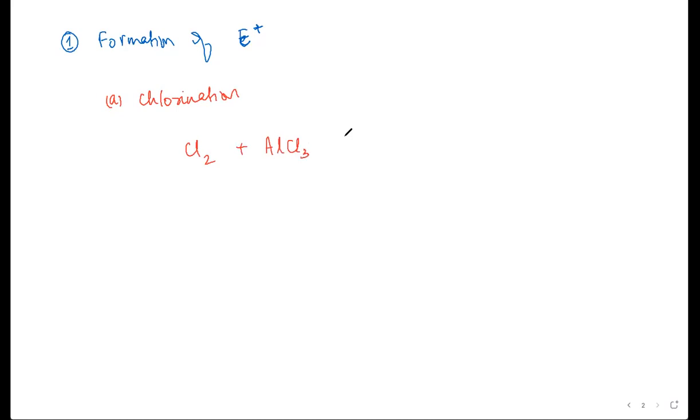What happens first is the electrophile is formed. The Lewis acid, because of its own chemistry, has one empty orbital waiting to be filled. That's how FeCl2 works, and that's how AlCl3 works. So this is going to break the chlorine molecule to give Cl plus and form the complex AlCl4 minus.